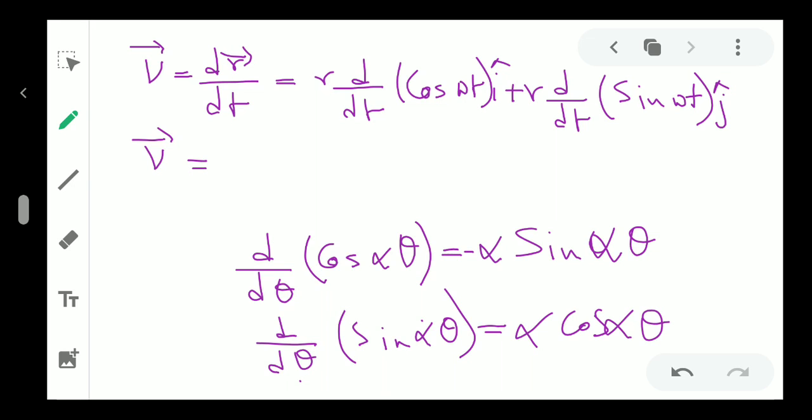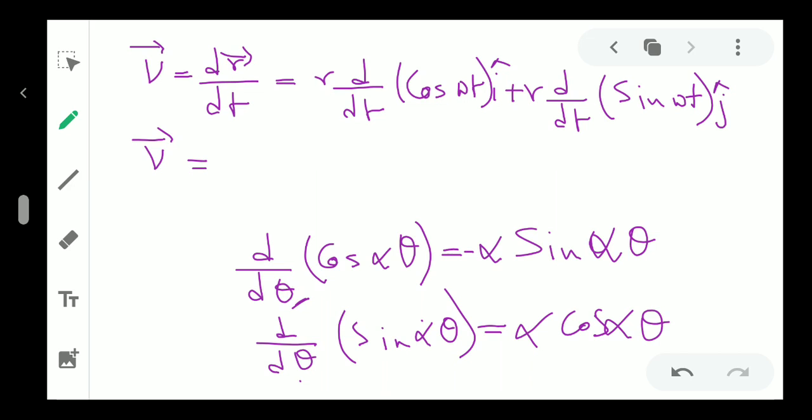So the constant part, which does not depend on the differentiation variable, that is theta in this case, always comes out. Cos becomes sine with a minus sign in front of it, and when sine becomes cos there is no minus sign. The proof of how these come about you will definitely learn in math.